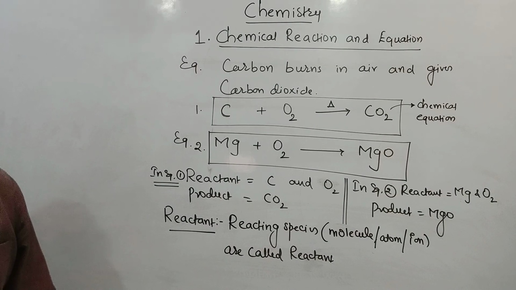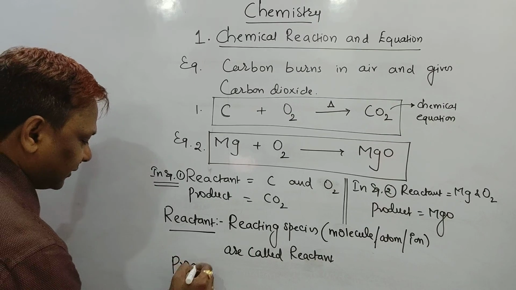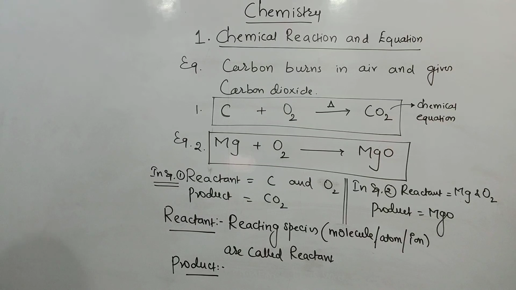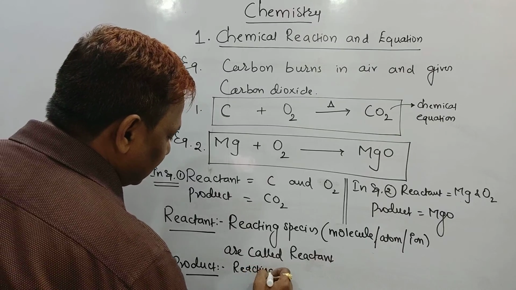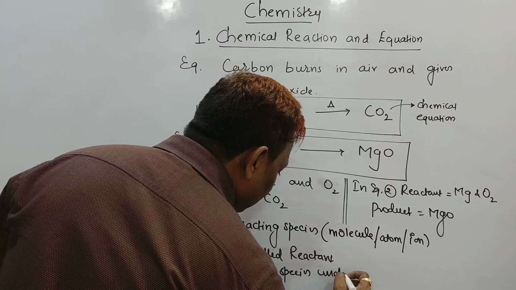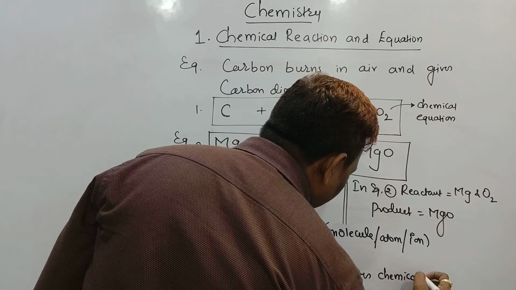Reactant. Then the substance that undergoes chemical change in the reaction and forms a new species is called a product. Means what is the product here now? So we'll write the product definition also here. What do we mean by the product here? Means during the chemical reaction, beta, the reacting species undergo chemical change and form new species. So reacting species undergo chemical reaction.